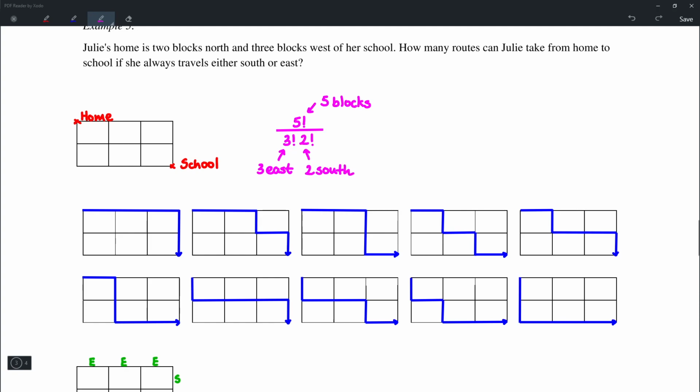And in this case, let's say we expand partially the numerator. And then we are to eliminate the 3 factorials. Just like so. So we have 5 times 4, which is 20, divided by 2, which gives us the 10 routes.